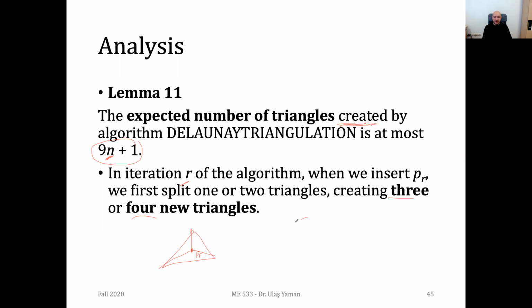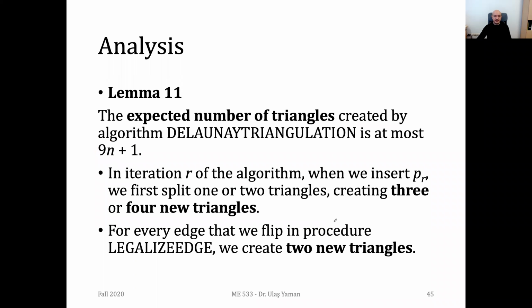But if your PR is on the common edge of 2 triangles, then you will be creating 4 new triangles. So there are 2 cases: in one of them you create 3, and in the other you create 4 new triangles. Another case, if you do legalization, for instance the flipping operation, you create 2 new triangles. So these are the only ways you can generate new triangles.